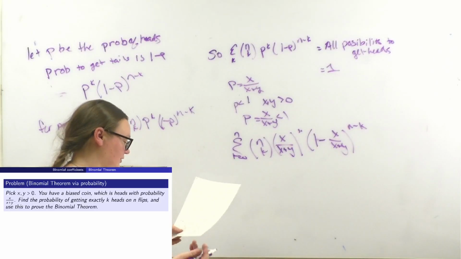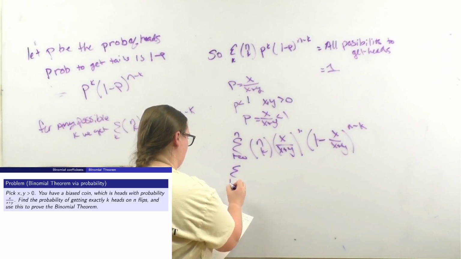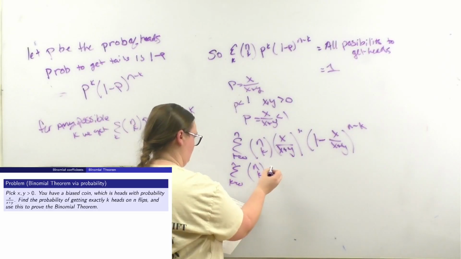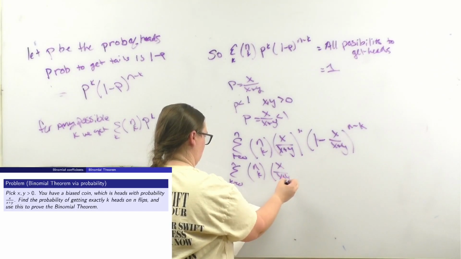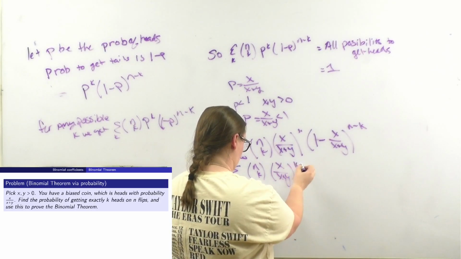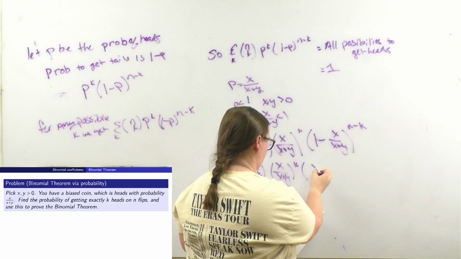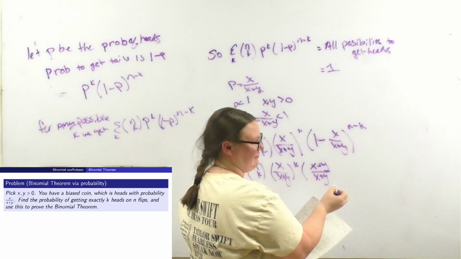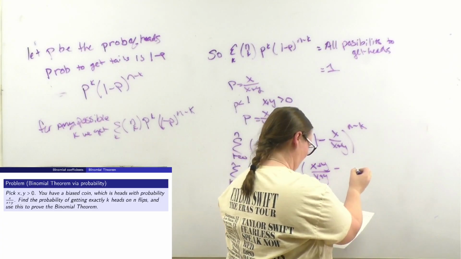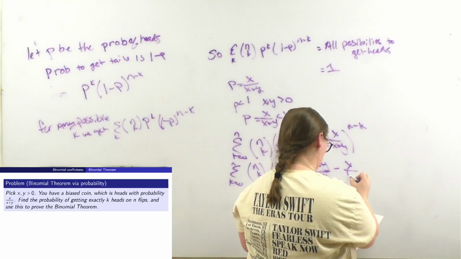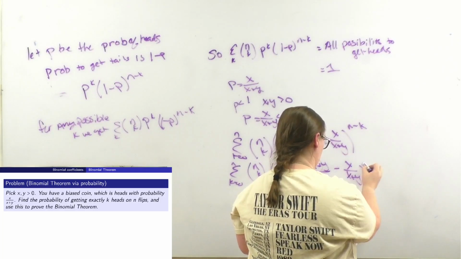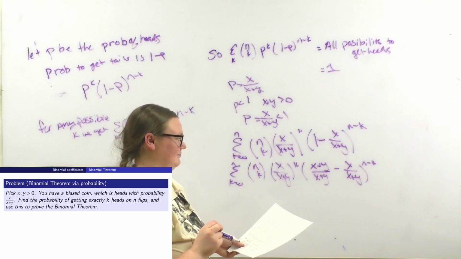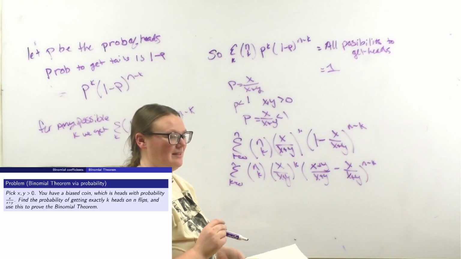And now we're going to just do some algebra, adding fractions with unlike denominators.